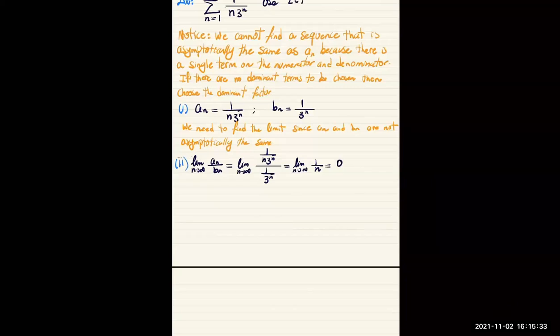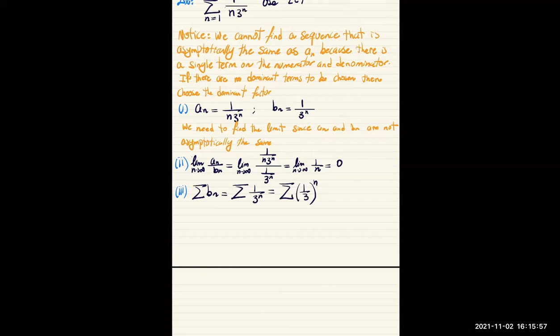Step 2. And then step 3, just tell what happens to the series of B sub n. B sub n is (1/3)^n. What happens to this, guys? Is this convergent or divergent? That's 1/3, the whole thing to the n.